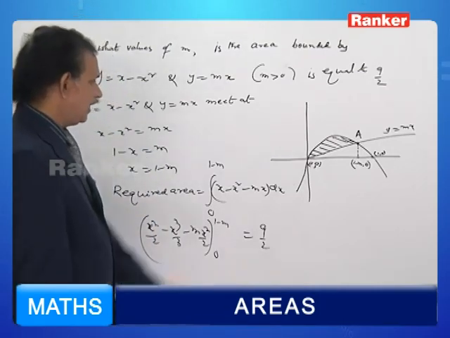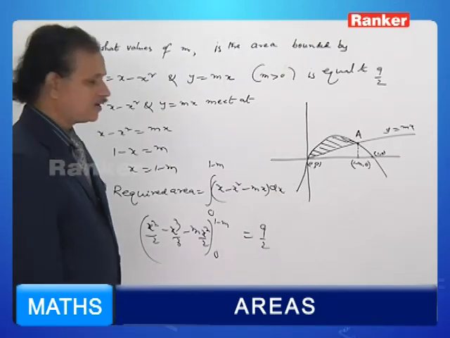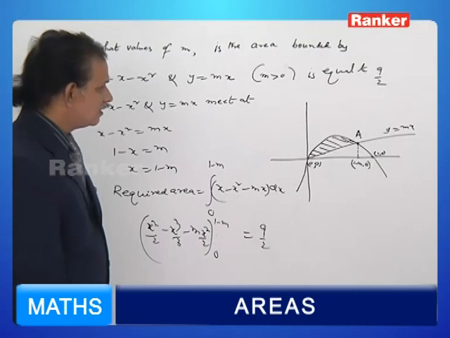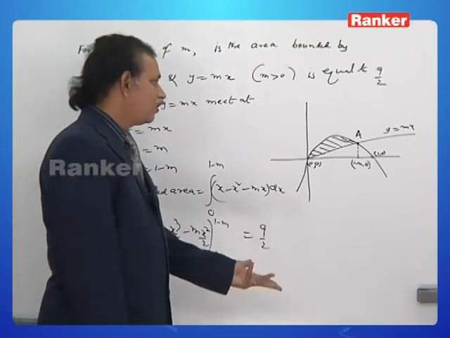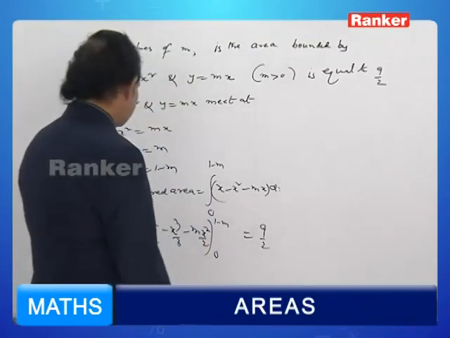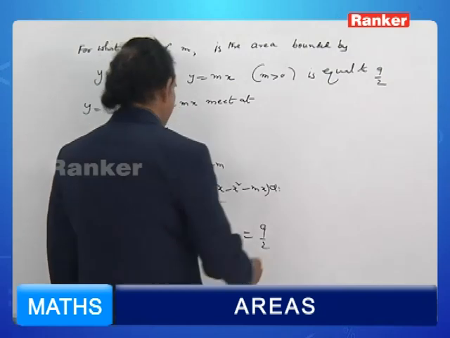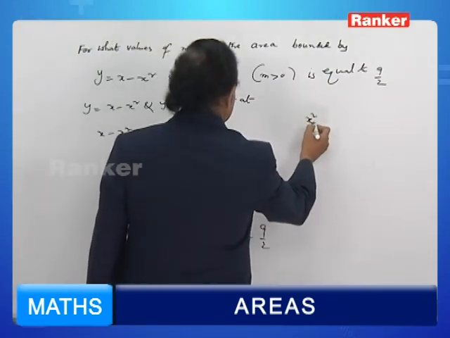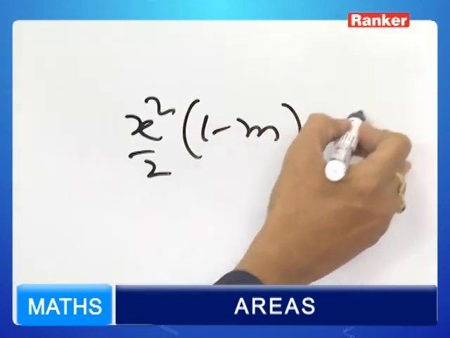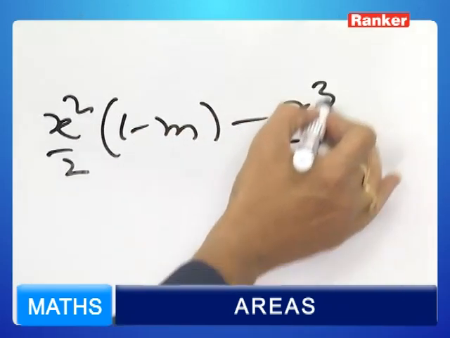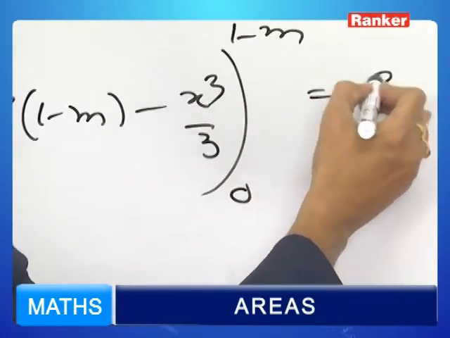Well friend, I like to remove the diagram because I can utilize that space for calculation. You please observe the diagram. If you say okay, I shall remove it. Well done. This is x square by 2 minus mx square by 2, isn't it? So, x square by 2 into 1 minus m minus x cube by 3 between the limit 0 and 1 minus m is equal to 9 by 2.